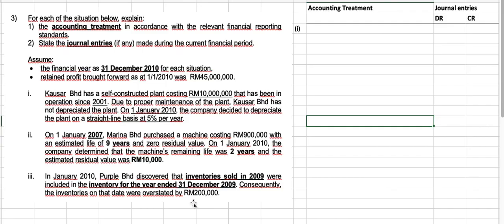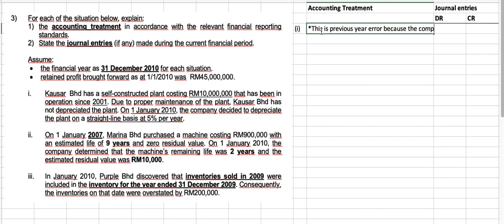Right, so let's answer the accounting treatment first. We will say this is a previous year error because the company never depreciated its plant, which is an asset, since 2001.